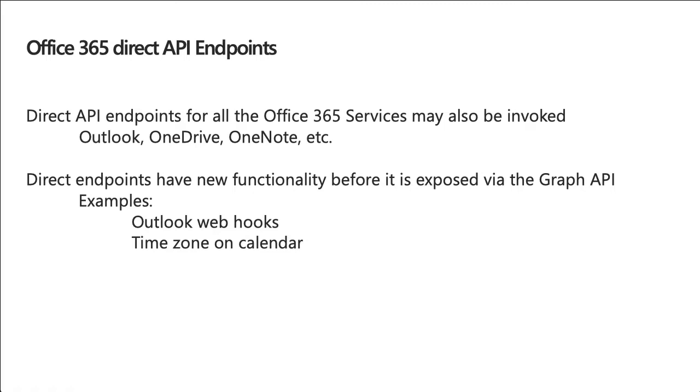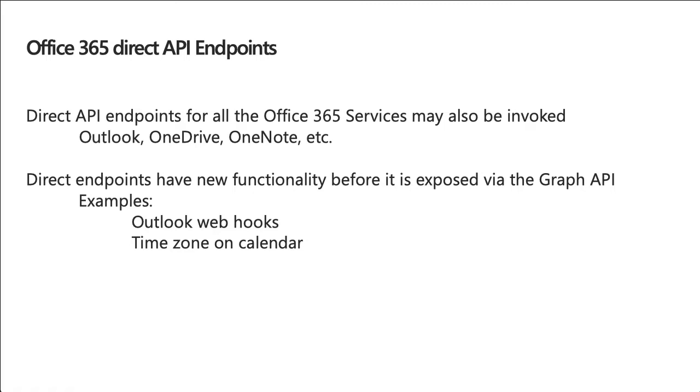One thing to keep in mind, though, is that because it's a proxy, you may see new functionality and features show up in these downstream endpoints prior to when they show up inside of the Microsoft Graph. And that makes sense because the Microsoft Graph is a proxy and it can't expose functionality that doesn't exist downstream in one of the services that it's proxying.